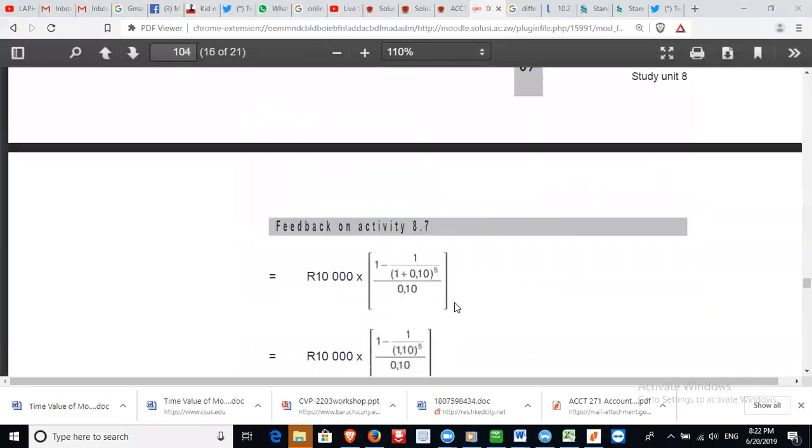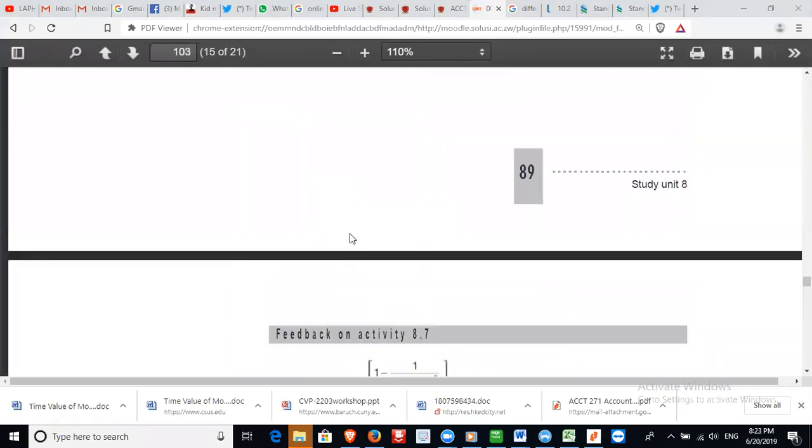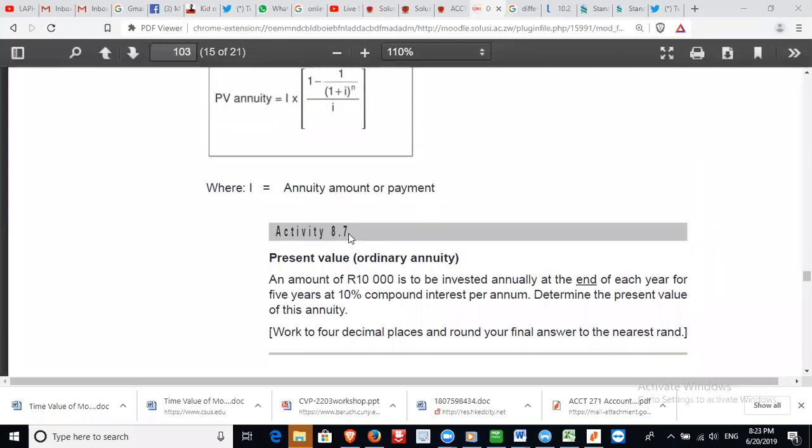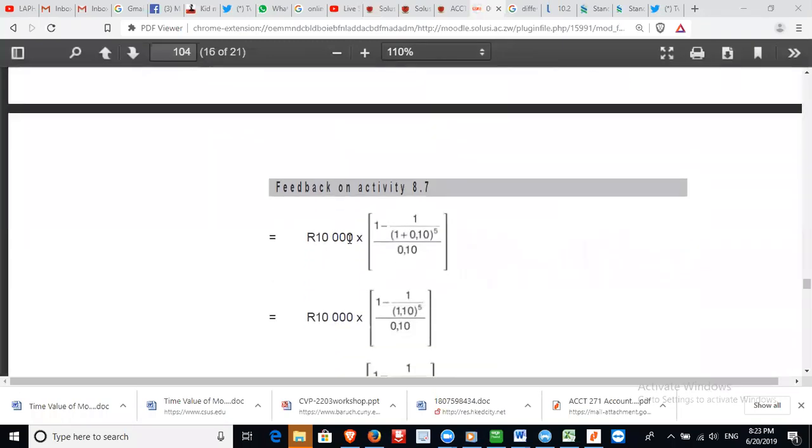The amount we are saying is 10,000 that we want to calculate how much we are supposed to invest as of today, together for us to get 10,000. So you're saying 10,000 multiplied by 1 minus 1 over 1 plus the interest element 0.1, which is 10%, to the power of 5, divided by the interest.